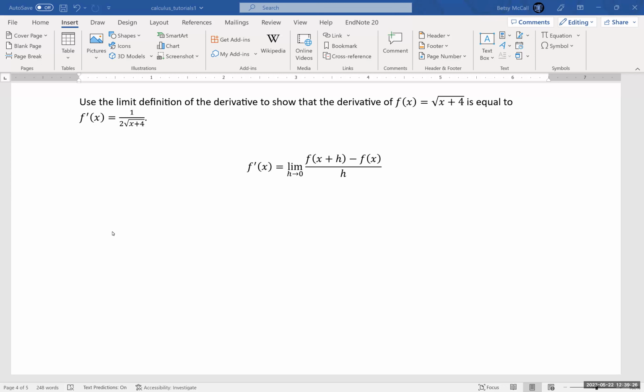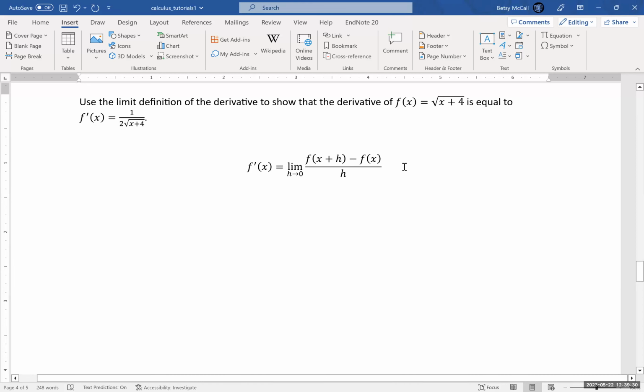Now, as I've done in the previous video, I'm going to start by building up the pieces of the function. But in this particular case, it doesn't make that much difference, because there's not a lot of algebra and simplification to do.